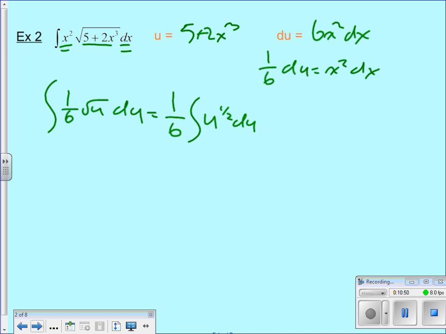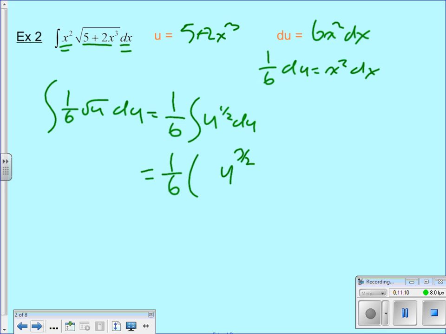That is a relatively simple antiderivative from there. It's 1/6 times antiderivative, I add 1 to the power. So this becomes u to the 3/2.